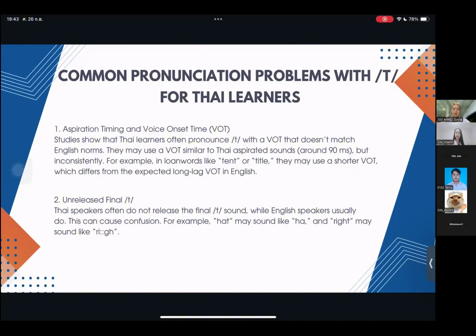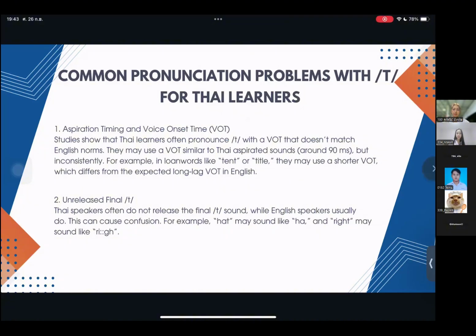Third, when T is part of a cluster, like in "text," it is often dropped or simplified because Thai doesn't allow such clusters. Finally, Thai learners sometimes confuse T with other English sounds like TH, saying "tink" or "turd" instead of "think" or "third."